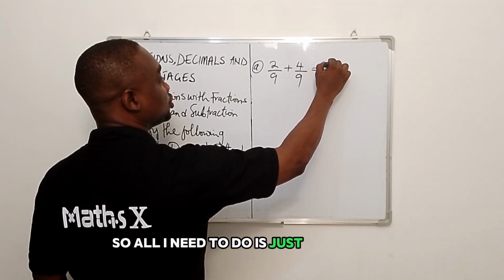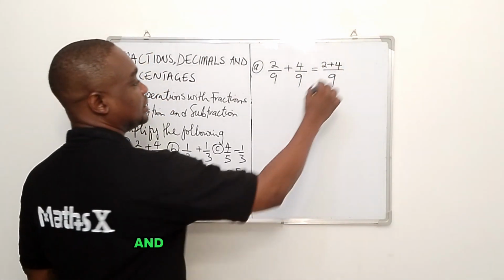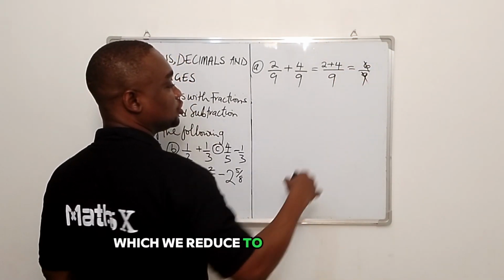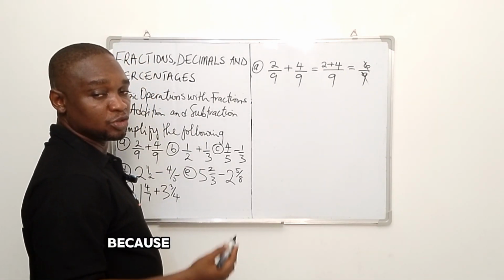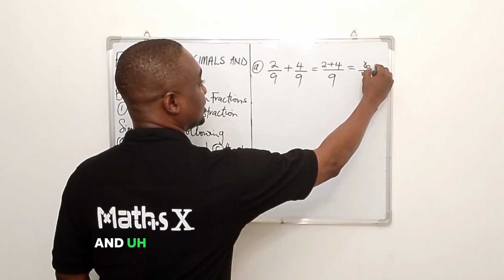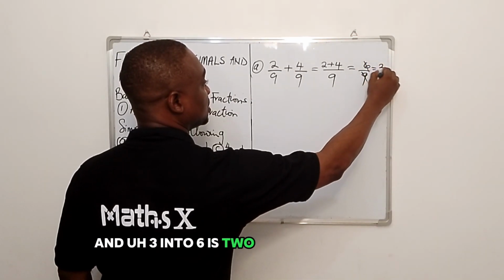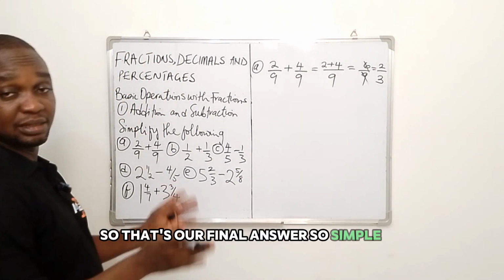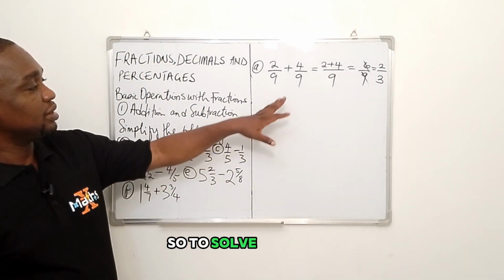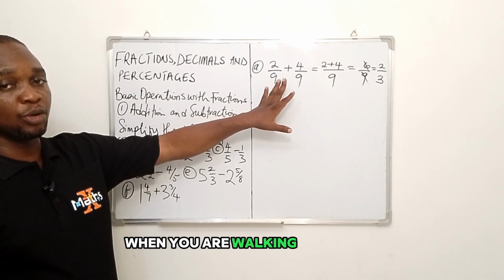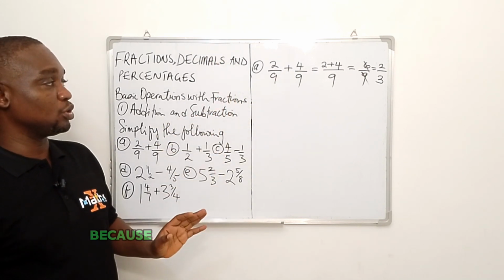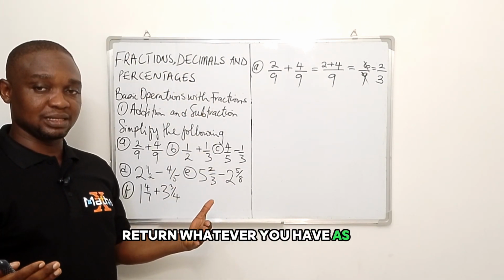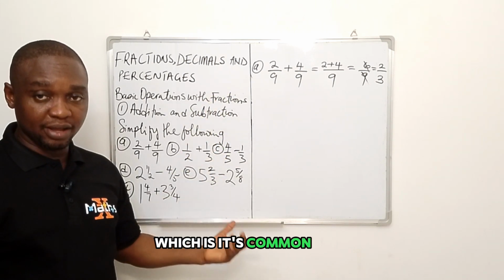So all I need to do is just 2 plus 4, and we end up having a 6 over 9, which we reduce to our lowest term, because you must reduce to lowest term. And 3 into 6 is 2, 3 into 9 is 3 itself. So that's our final answer. It's as simple as that. So working with like fractions is the easiest thing to do, because all you need to do is just add the numerators, retain whatever you have as the denominator, which is its common LCM.